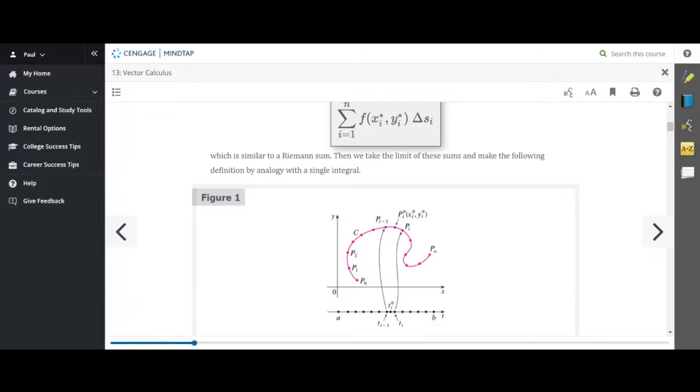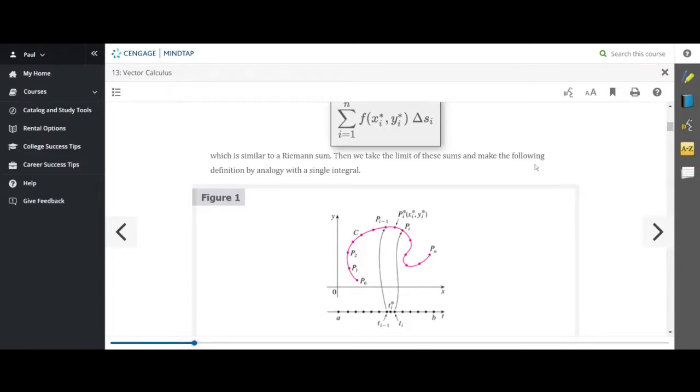So the point x sub i, y sub i is on that arc, and if you go the length of that little arc from point P sub i minus 1 to point P sub i, you've moved a little arc length. What if we were to take the function at the point x sub i, y sub i, and multiply it by that piece of arc length? And what if we were to do that for every point on this curve, on this arc? Well, what you would be finding is something that will resemble the area of a curtain.